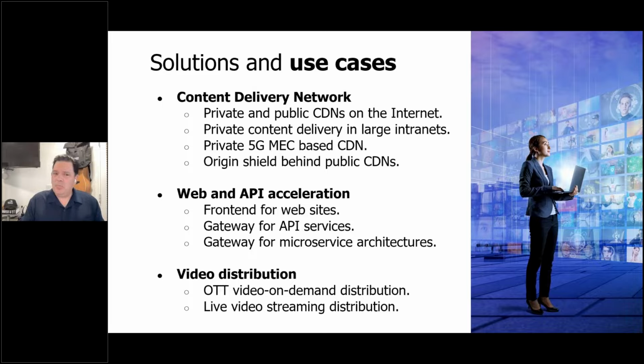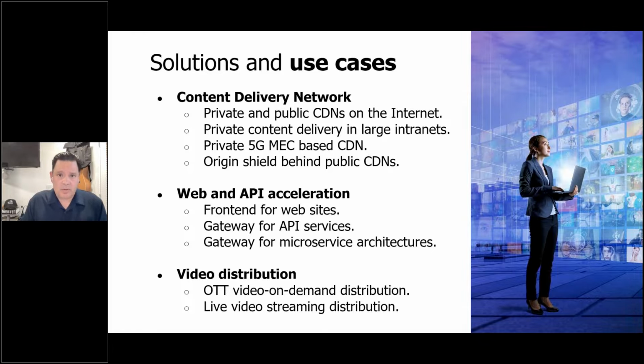So although many people, when we talk about cache, go to that initial content delivery use case, cache was really developed and increased in popularity because of web and API acceleration. And arguably, web and API acceleration is a sub-use case under content delivery.